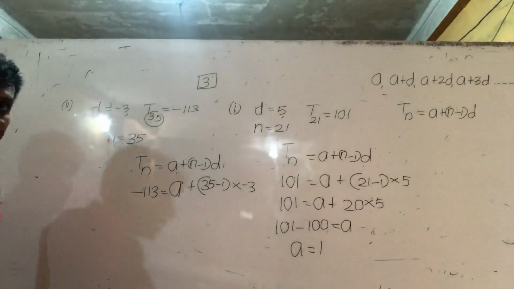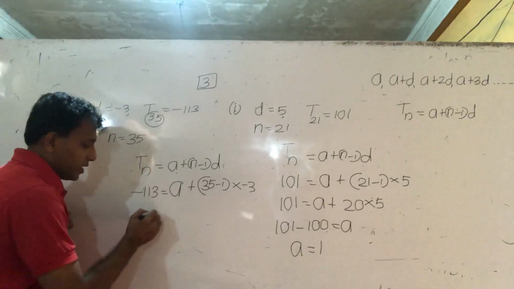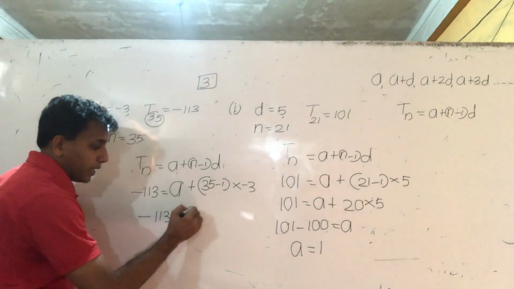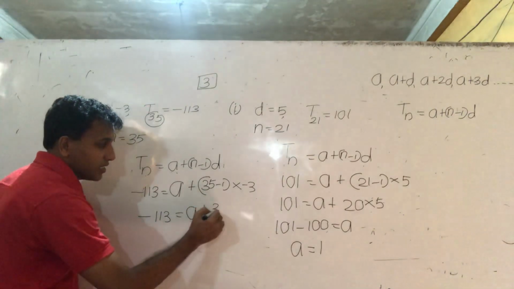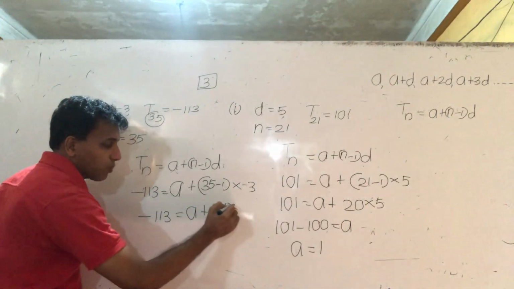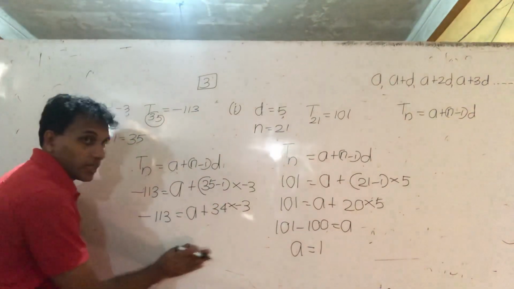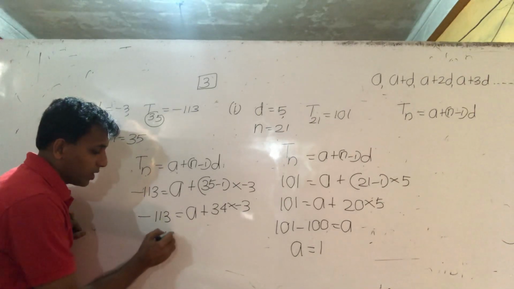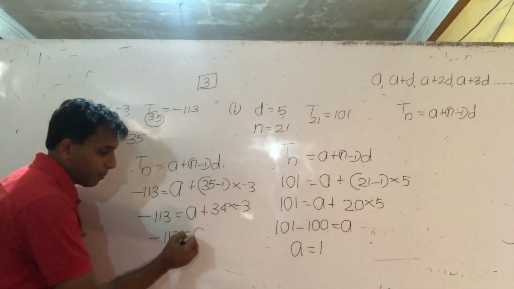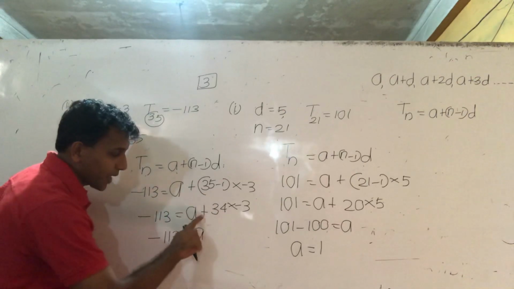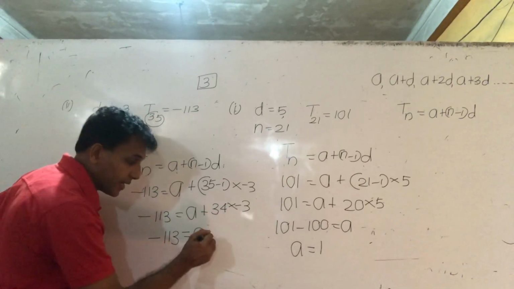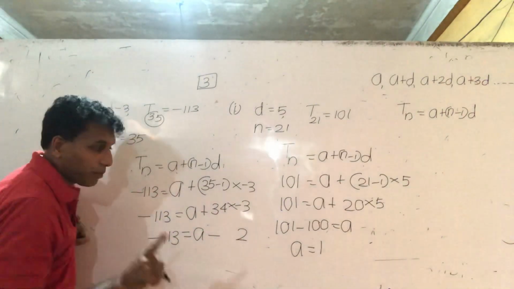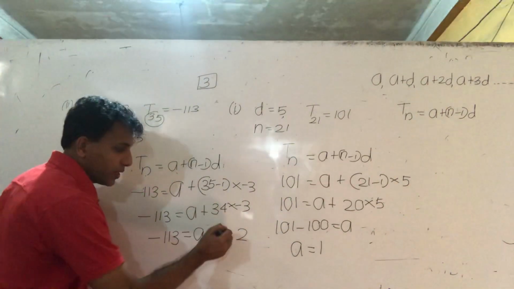So minus 113 equals a plus 34 times minus 3. Plus into minus is minus: 3 times 4 is 12, 1 remaining, 9 and 1, 10. So minus 102.